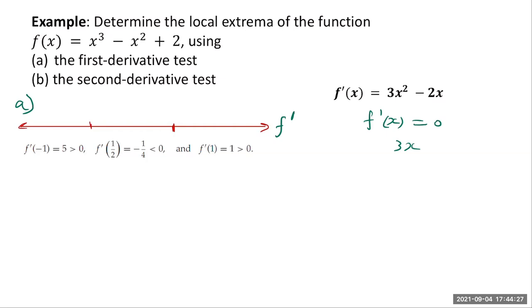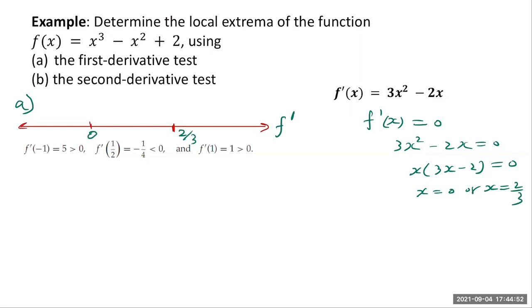You get 3x squared minus 2x is equal to 0. If you pull out an x, you get x times 3x minus 2 is equal to 0. You get x is equal to 0 or x is equal to 2 over 3. So I'm going to place those numbers here on the number line: 0, and this is 2 over 3.